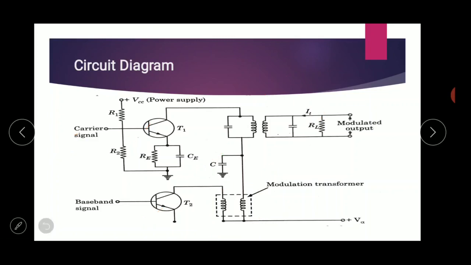Here a linear relationship exists between the output tank current IT, this one, and the variable supply voltage Vc. What is supply voltage Vc? Assume that the supply voltage Vcc, this one, is a varying quantity and its varying value is denoted by Vc.